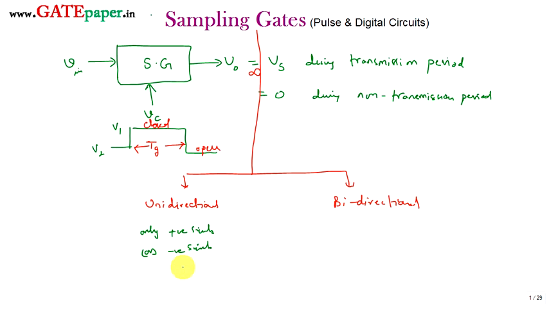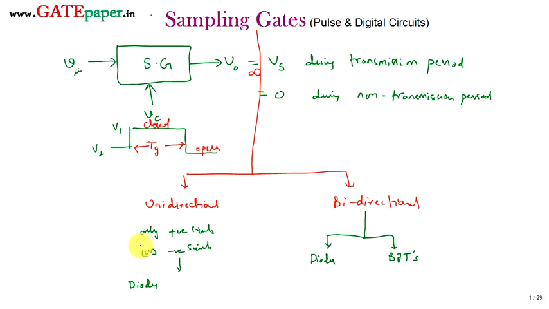Unidirectional sampling gates are always implemented with diodes, whereas bidirectional sampling gates can be implemented using diodes as well as transistors, BJTs, bipolar junction transistors.